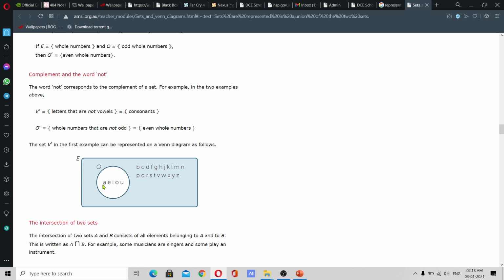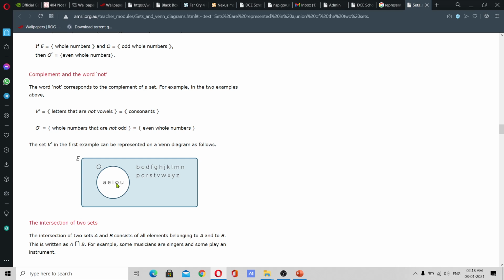We know that vowels include A, E, I, O, U. So you can see that all the alphabets except vowels are written outside and the vowels are written within the circle. I hope you have got a clear picture regarding that.